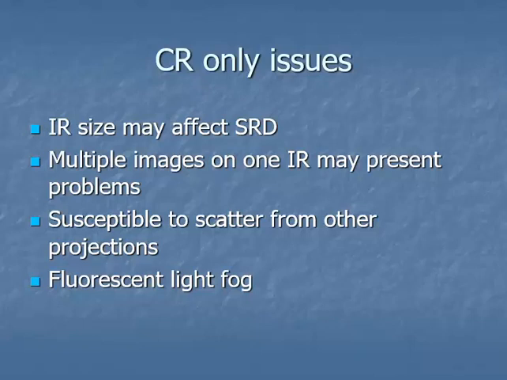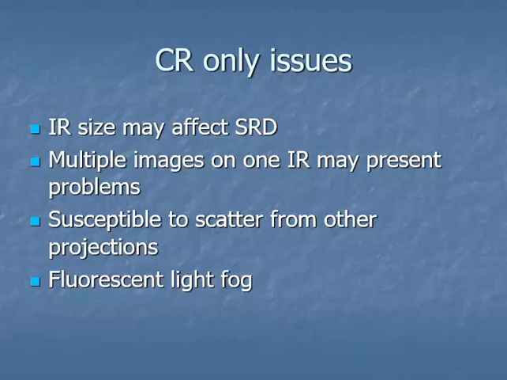Specific to CR systems, the problem that we run into with multiple images on a single image receptor is that they are susceptible to scatter radiation from other projections, and also, again, back to the collimation, the system being able to make sense of what your collimation looks like.